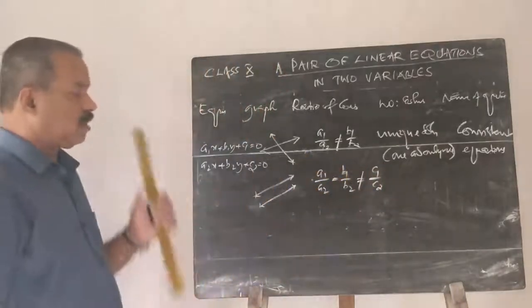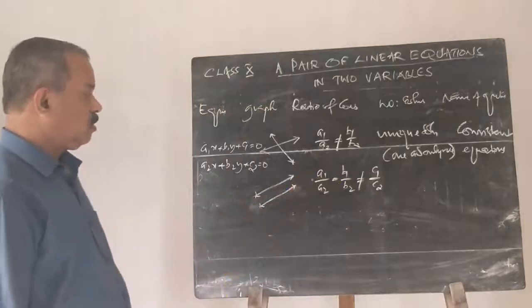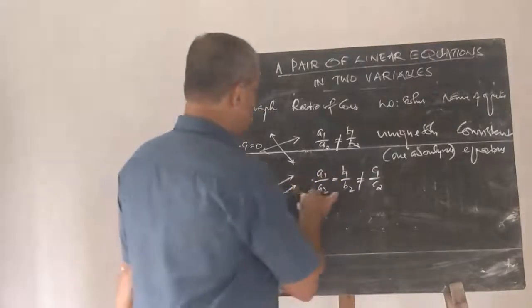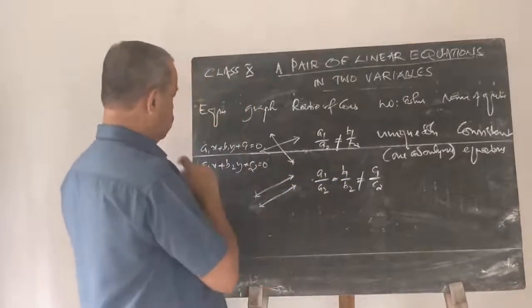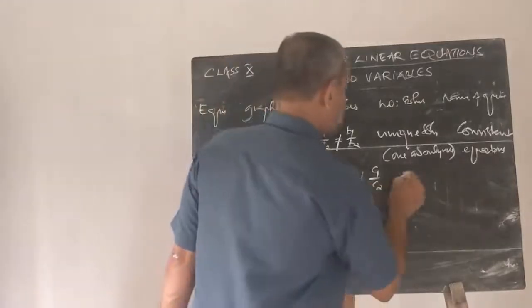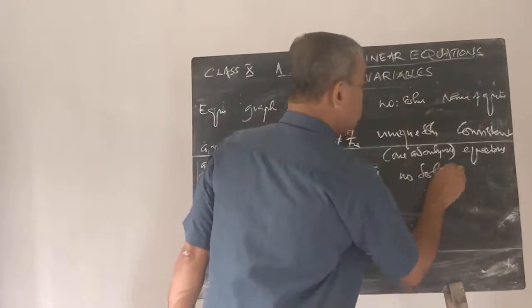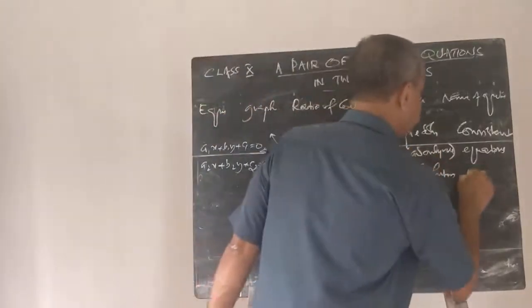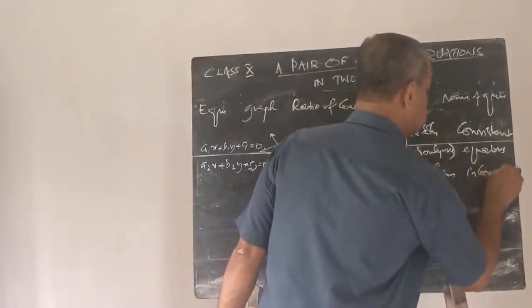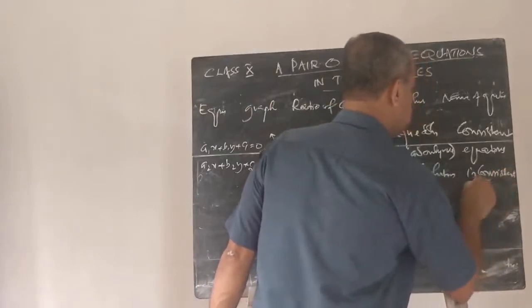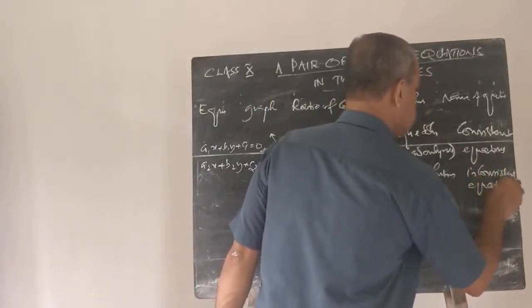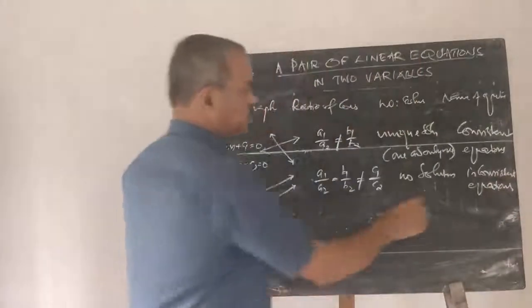Ratio of the constants is not equal to ratio of the coefficients of the variables. Solution: no solution. Name of the equations: inconsistent equations.